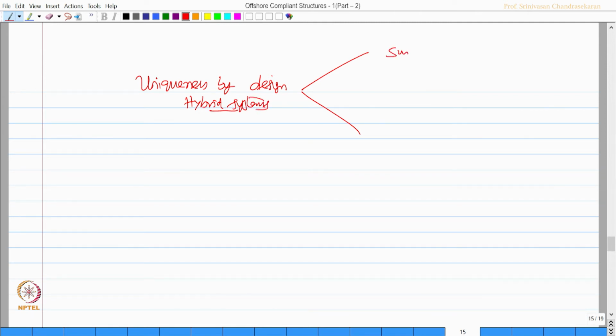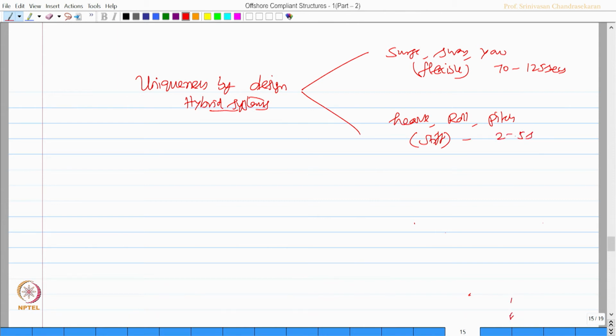So, surge, sway and yaw, which are flexible degrees, will have periods varying from 70 to 125 seconds. Whereas, heave, roll and pitch, which are stiff degrees, will have periods of 2 to 5 seconds.